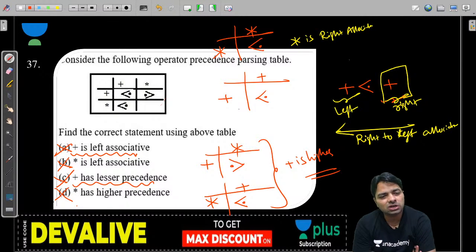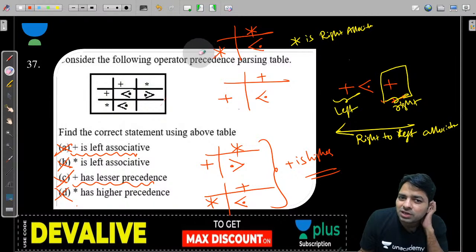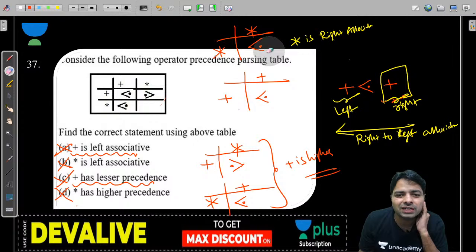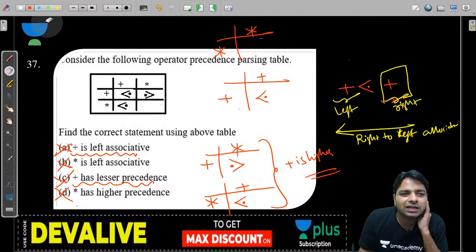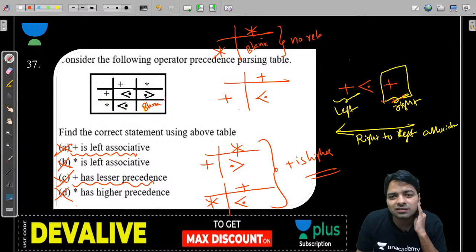Did I make any mistake? Sometimes we assume. Even for this one, I have taken star in the wrong direction. Stars are actually blank. Can you see that? I don't know how I assumed that. Stars are actually blank, no relation, which means no associativity.